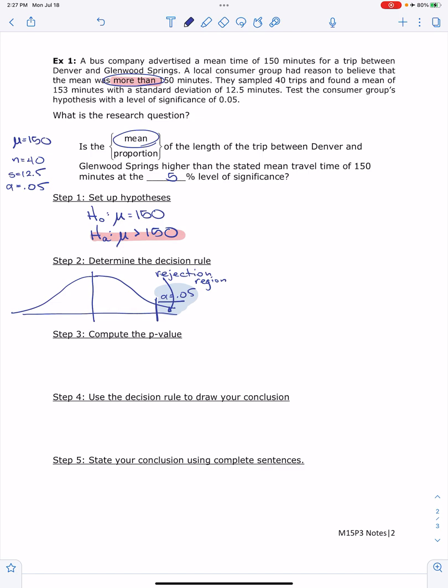So I'm going to reject if my T data is greater than my T critical value. So let's figure out what this critical value is.